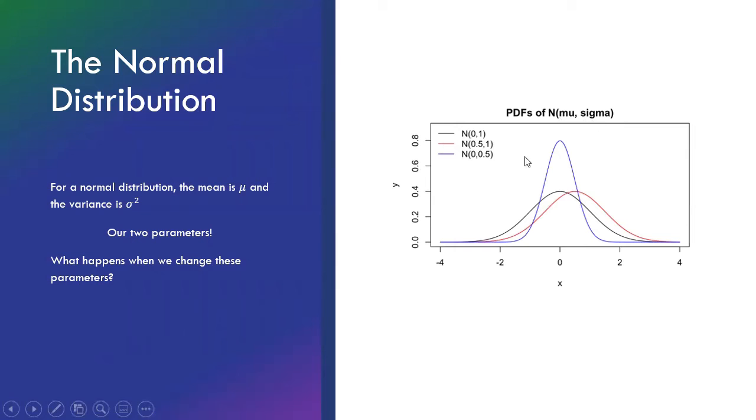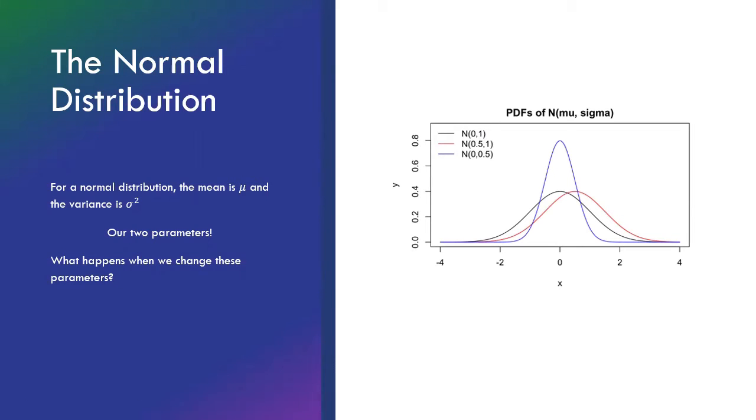I plotted here, for the mean being 0, two different values of sigma: either 1 or 0.5. When it's 1, it's more spread out. When it's 0.5, it's narrow, this blue line, because remember the parameter I put here is the standard deviation.